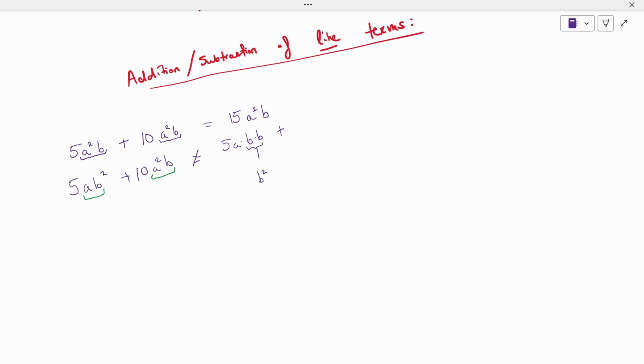And then I've got a 10a squared b, where the a squared is the same thing as a times a. So I could have rewritten this as 10 times a times a times b.